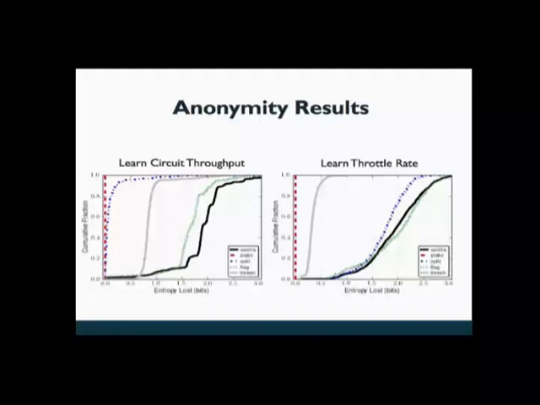The information lost using the throughput of the circuit is given on the left graph. And as we can see, again, static throttling performs the best because all the connections look the same. Each of the throttling algorithms performs better than vanilla Tor with no throttling, again because in each of these cases, we are throttling connections so that they look similar to other connections that are also getting throttled. So this leaks less information.